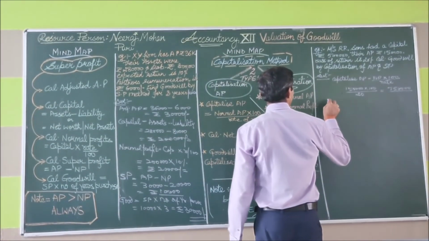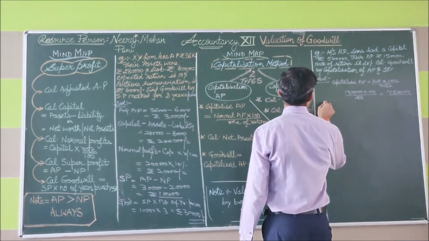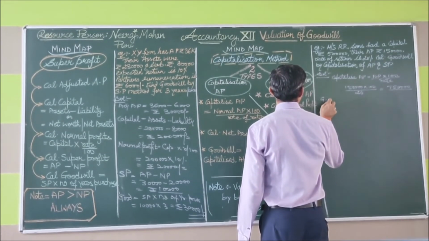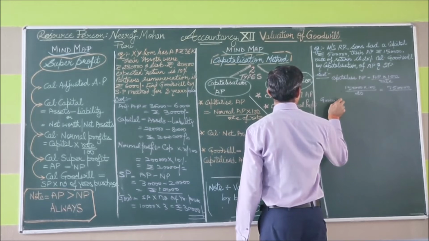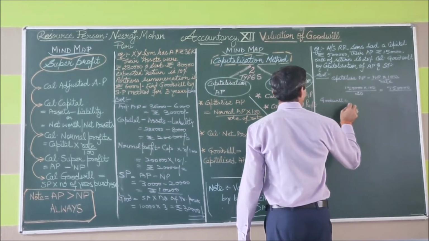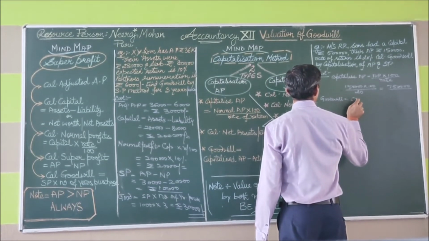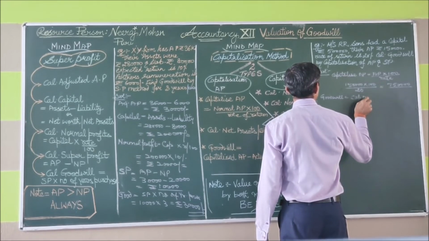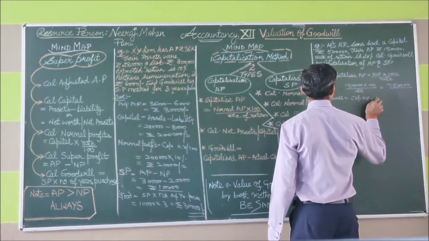Next step is to find the valuation of goodwill. So goodwill is equal to capitalized average profit minus actual capital.